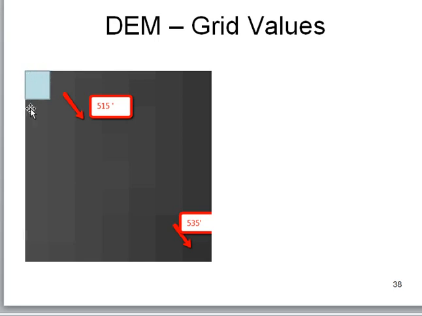But for example, I put a blue square over one of the grids, and using the ID tool, it told me that that cell is 515 feet. It has a value of 515 feet. So what it's telling me is that in that 10 meter by 10 meter square, everything is going to be given that same elevation. And down this lower southeast corner, that grid cell is 535 feet.